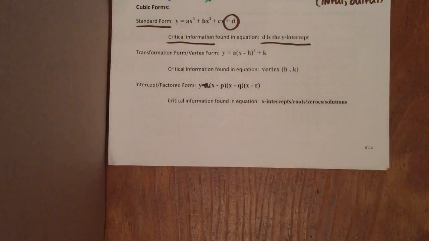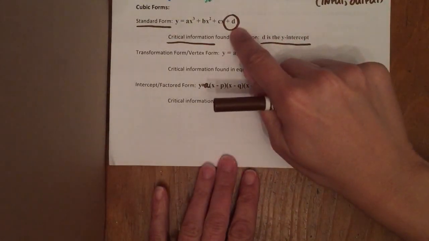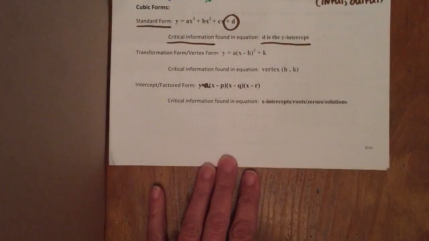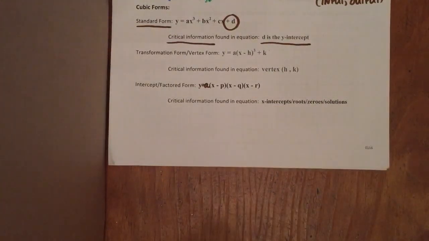Here in cubics, d is our constant, so d is our y-intercept. So when a cubic is in standard form, right off the bat we can look at the d term, the constant term, the one that's not attached to a variable, does not have an x with it, and that is our y-intercept, where our cubic function is actually going to cross the y-axis.